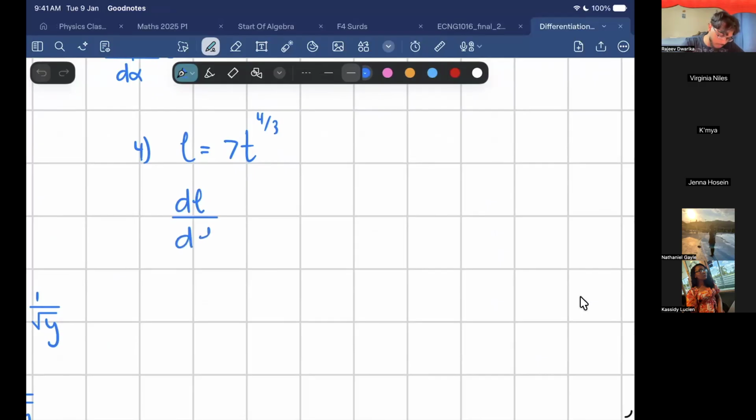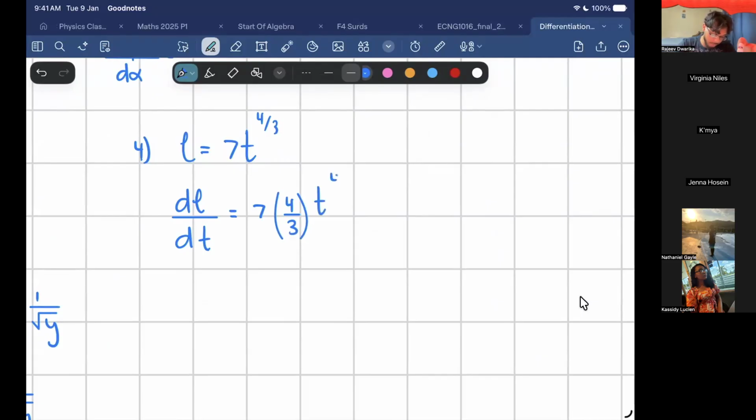The first thing I'm going to do is pre-multiply. So I'm going to multiply the 7 by the 4 over 3. 7 by 4 over 3. What will I get? 28 over 3. I'll get 28 over 3.